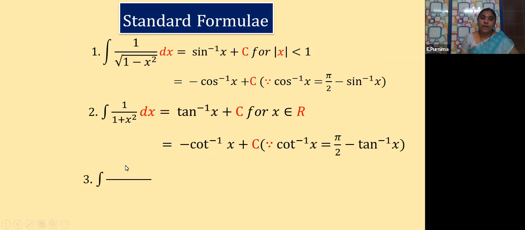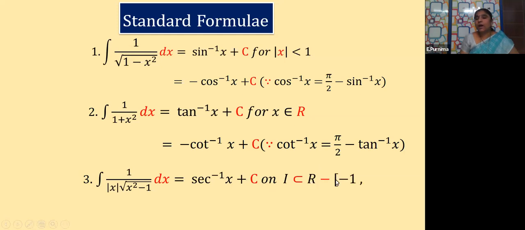Next let us see the third formula. Integral 1 by mod x into under root of x square minus 1 dx is equal to secant inverse of x plus c, for x in I, a subset of R minus the closed interval minus 1 to 1.